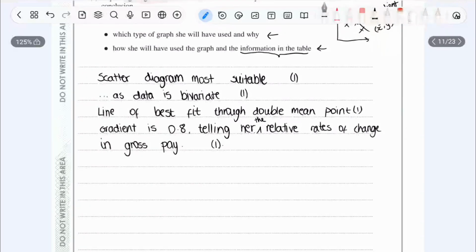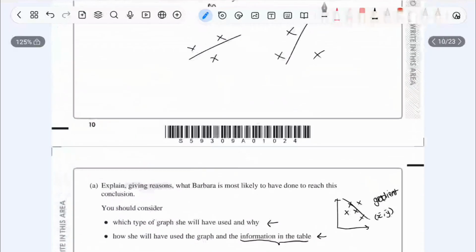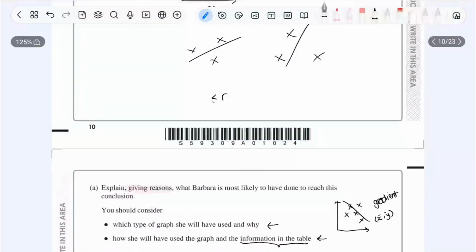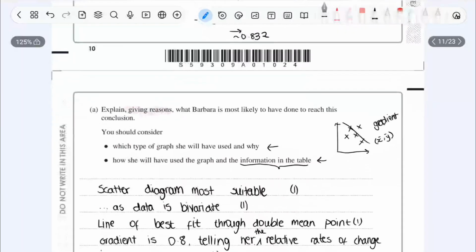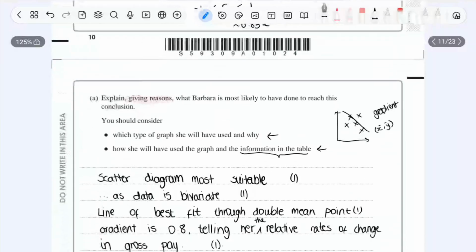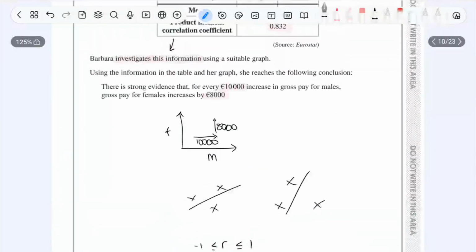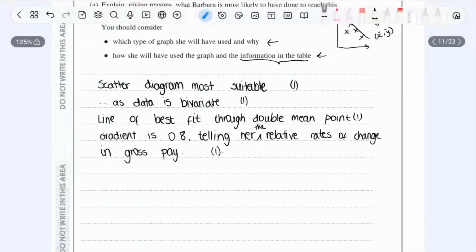The PMCC can be any value between -1 and 1. Because it's much closer to 1, roughly 0.832 I think, it's going to be quite a strong correlation. This strong correlation means her evidence is strong, because as it goes up by that amount, it does go up by that amount. Therefore, the evidence for her is strong.